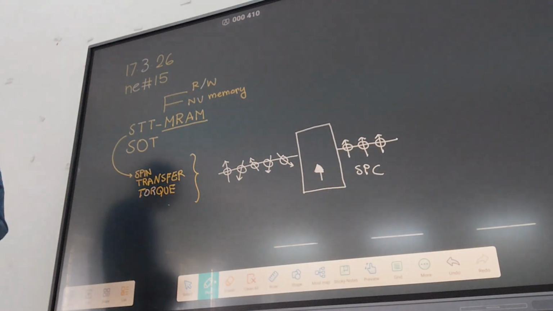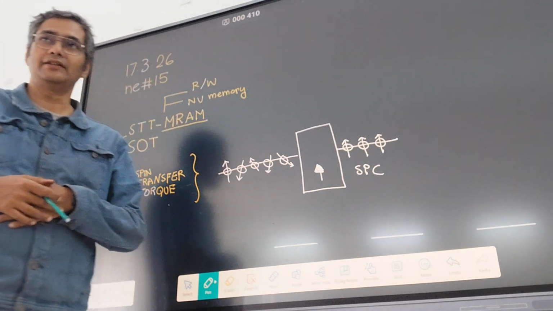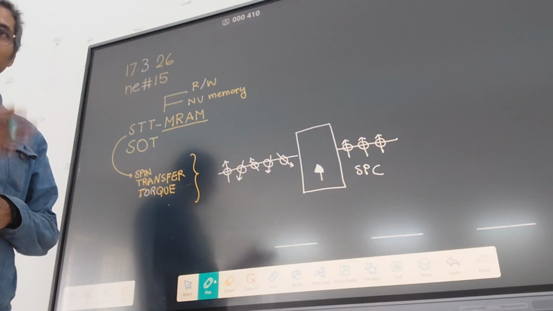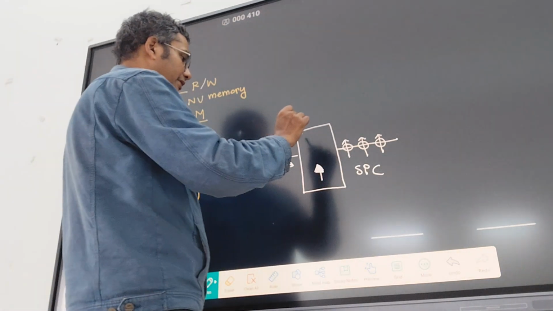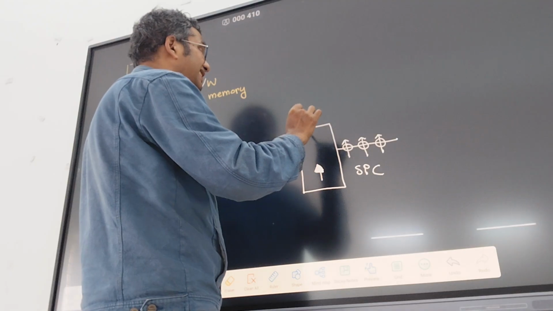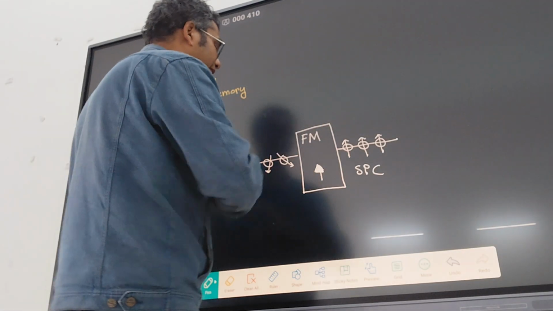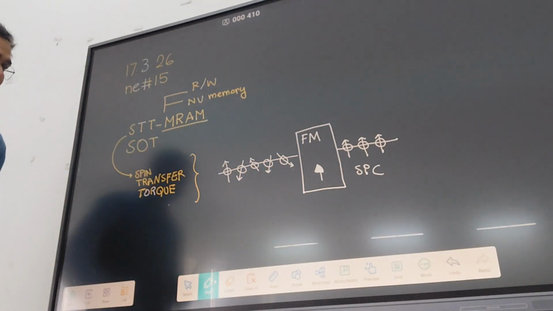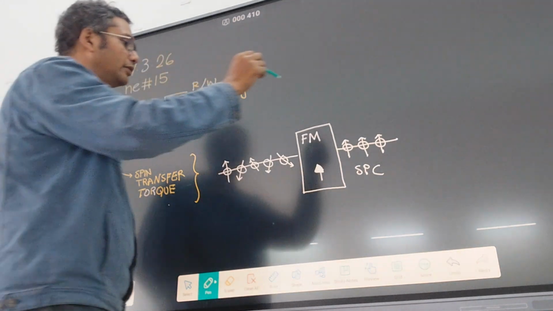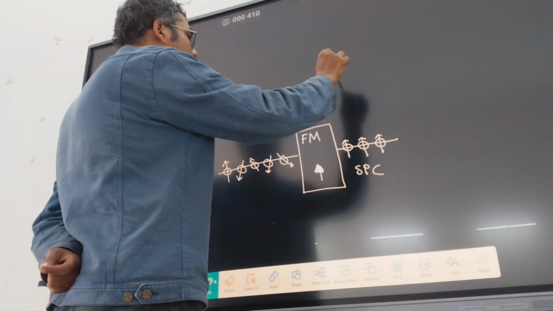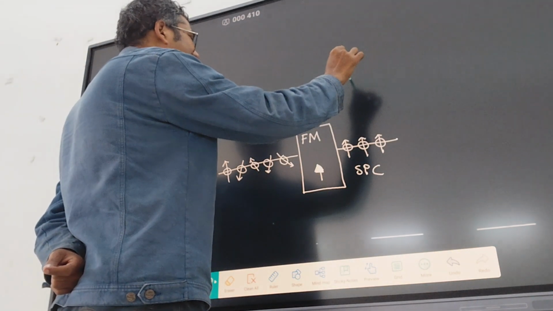What is this material which has spin in a preferential direction? This type of material is a ferromagnet, FM. Now, to work it as a read-write device and a memory device, we need to create something called an MTJ.